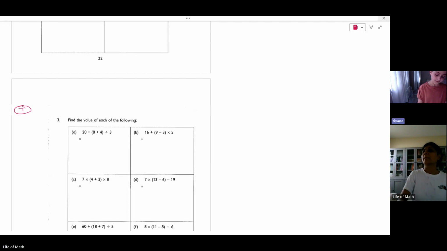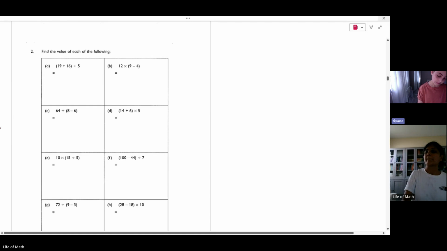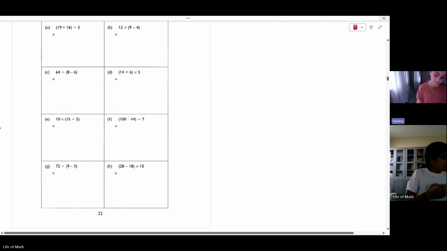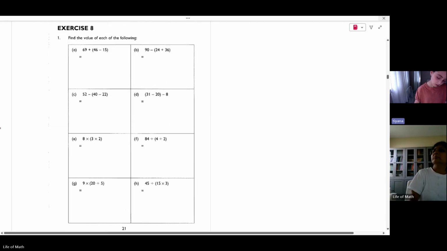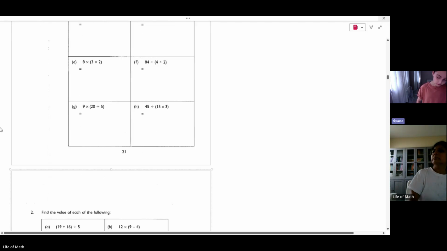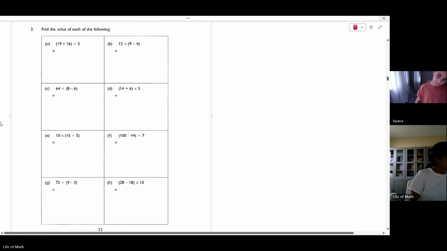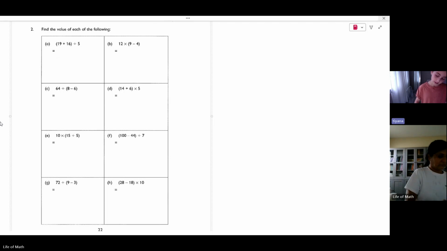22. 19 plus 16 is 35. 35 times 7. 9 minus 4 is 5. 12 times that is 16. 8 minus 6 is 2. 64 divided by 2 is 32. 14 plus 6 is 20. 20 times 5, 100. 30. 56 divided by 7 is 8. 72 divided by 6 is 12.